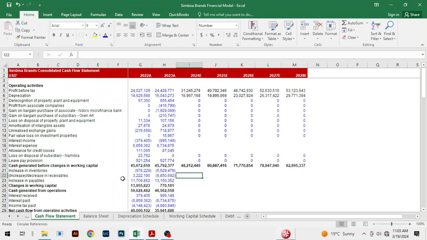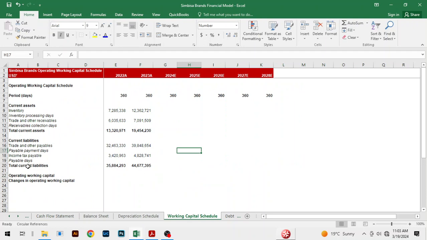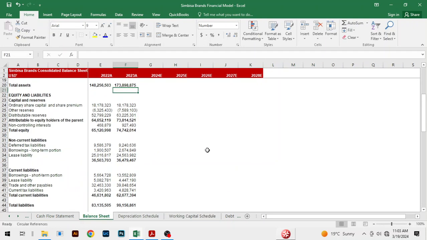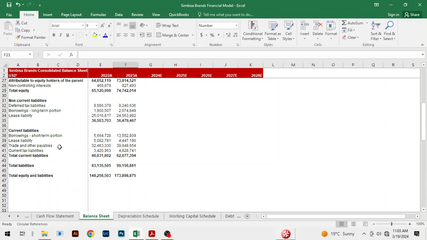If we go back to the cash flow statement, you find that under changes in working capital, these guys only included inventory, receivables and payables. Okay, so in my working capital schedule, I even included income tax payable.